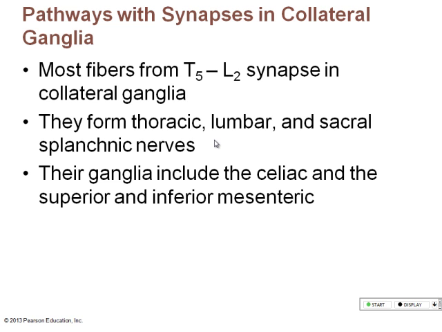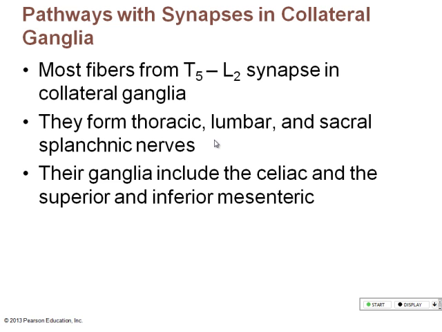They form thoracic, lumbar, and sacral splanchnic, that word, nerves. Why can't I say it today? And their ganglia include the celiac and the superior and inferior mesenteric.